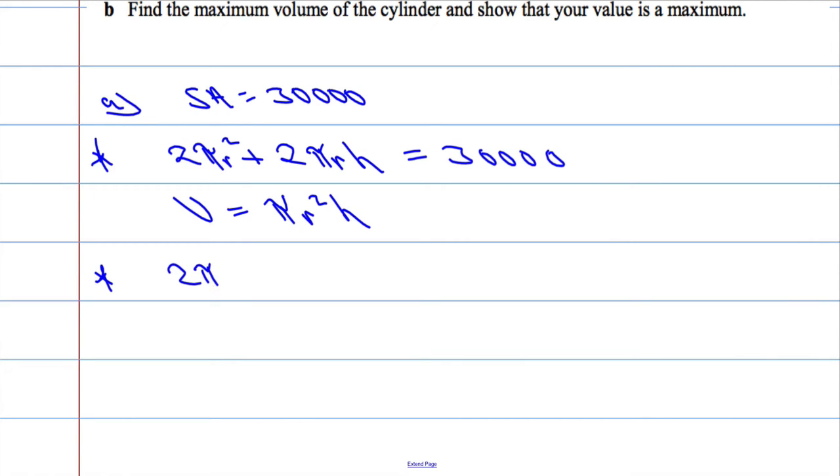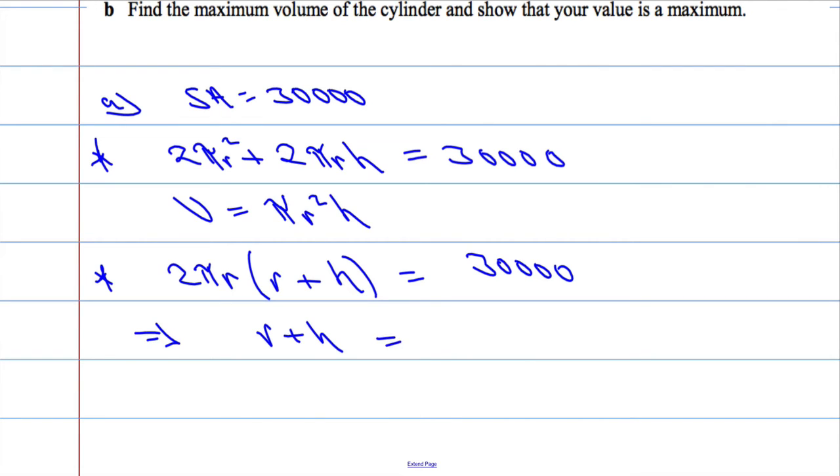2 pi r, and that leaves me with r plus h, and that equals 30,000. Divide both sides by 2 pi r, and we get r plus h equals 30,000 over 2 pi r.